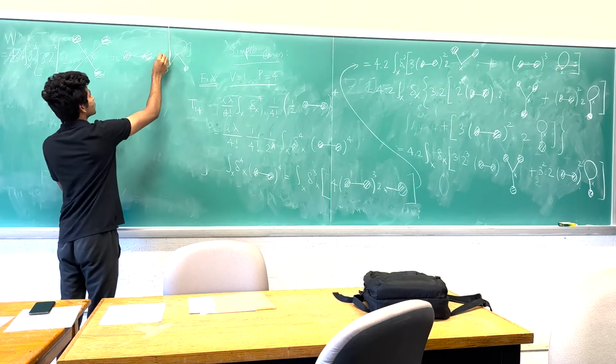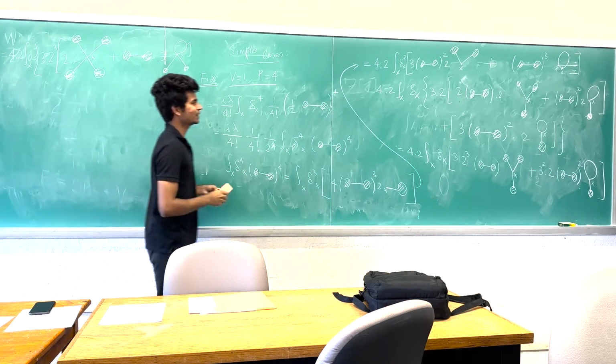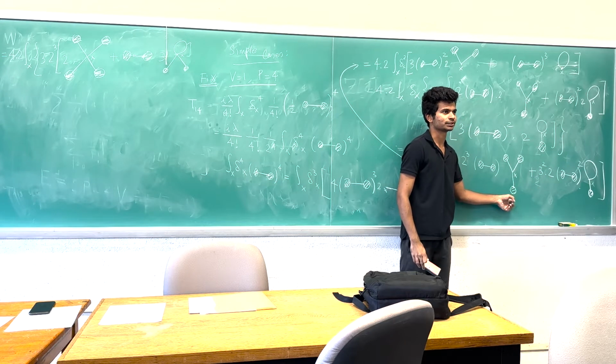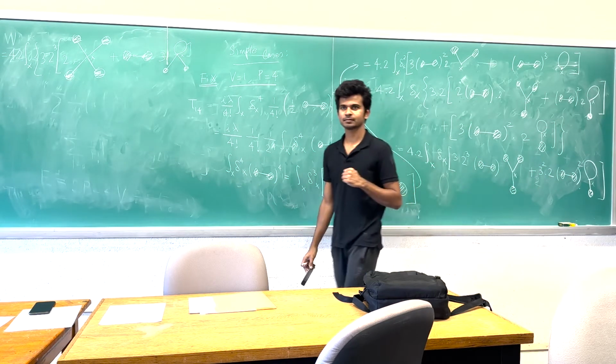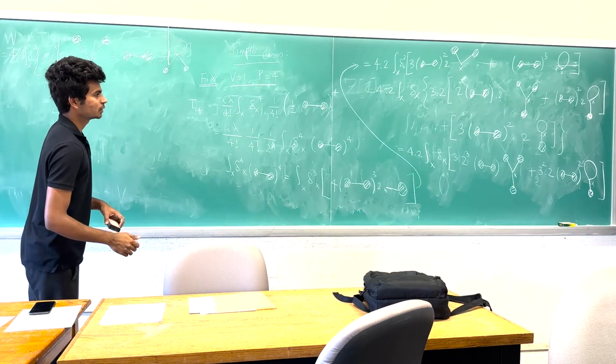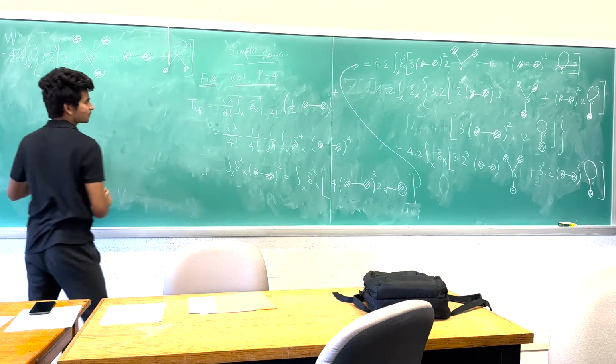And the factor is what? 3. Because there are 3 ways you can take a functional derivative on G. Now that closes the first bracket.